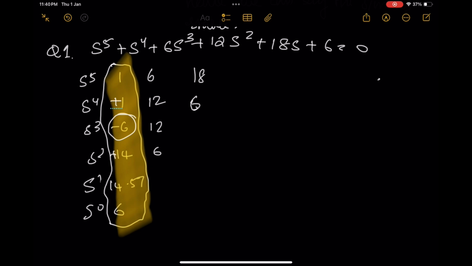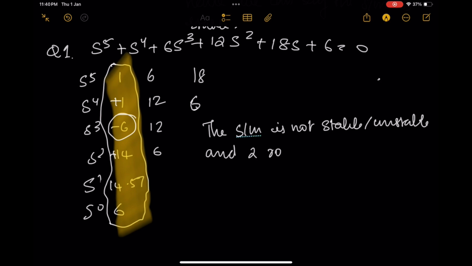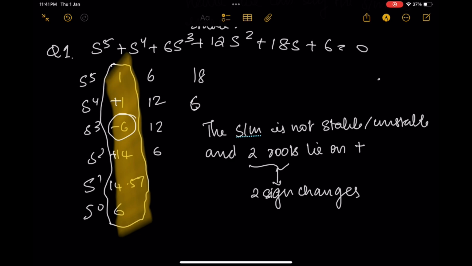So I could say the system is unstable, and two roots, as there are two sign changes, lie on the positive S-plane, or we could say the right half of the S-plane.